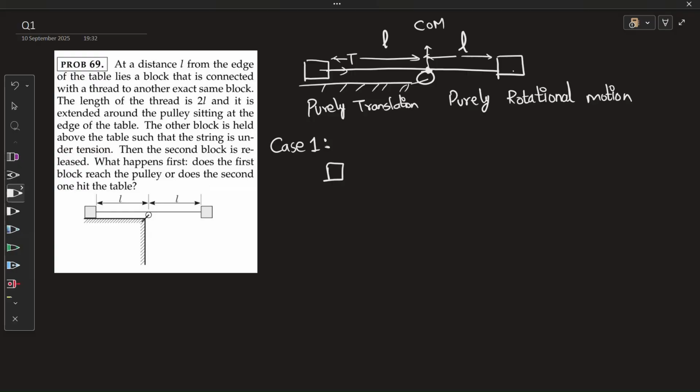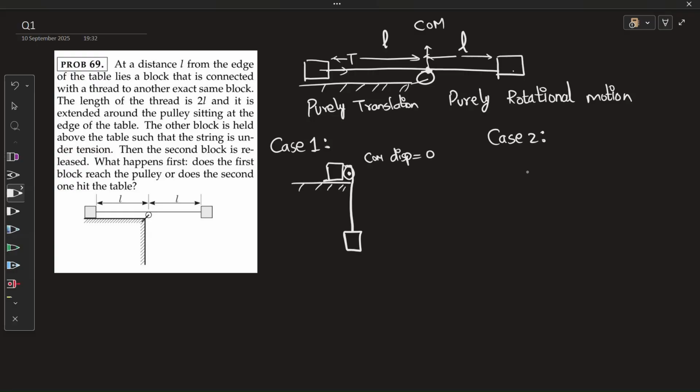In that case, the block would be here, there would be a pulley here, and the next block would be here. Here again, the center of mass remains at the same position. So net displacement of center of mass is 0.